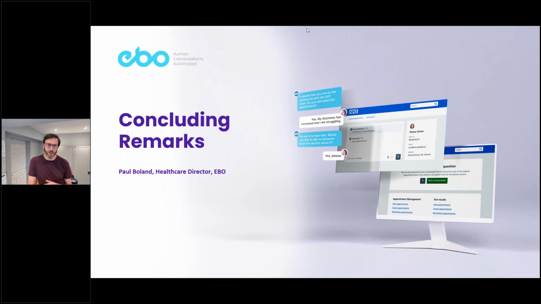latest in conversational AI. And what I'd just like to say on that point is, I know that many of the attendees here today will have already implemented digital solutions for patient engagement and patient communications. What I'd say to you is that we can help you to introduce the benefits of conversational AI in addition to those solutions that you've already got.